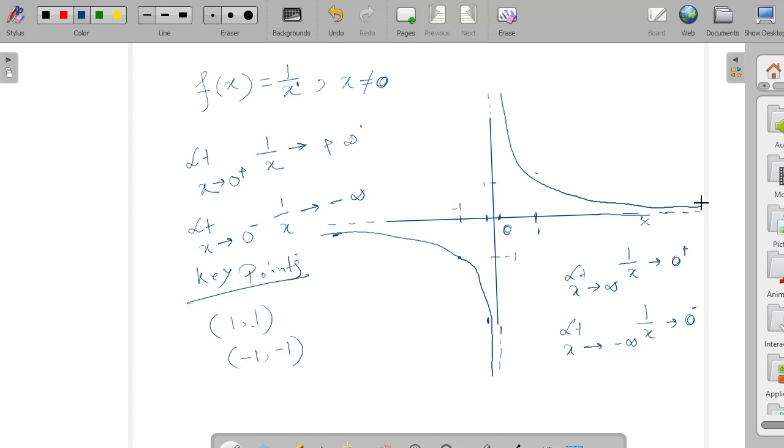So this is the graph of this function. Before sketching the graph of the function, we need to consider those points. This will give us a better picture of the graph.